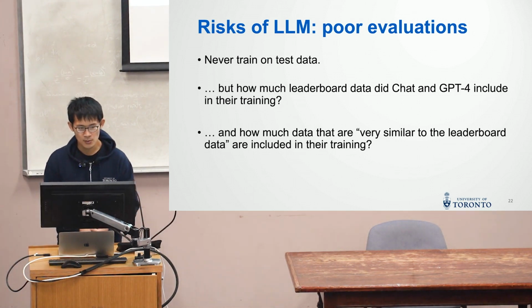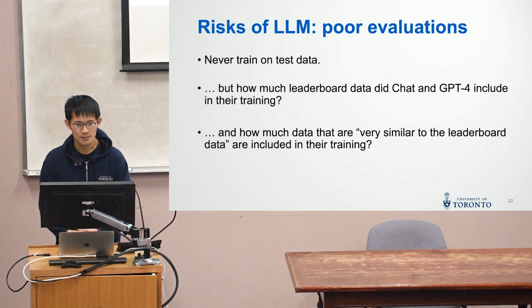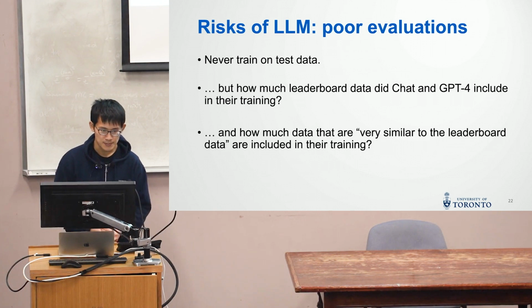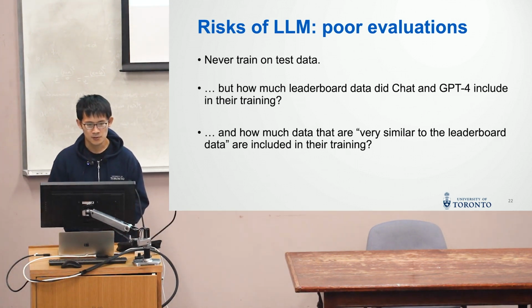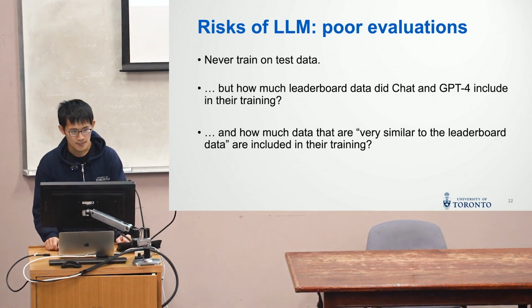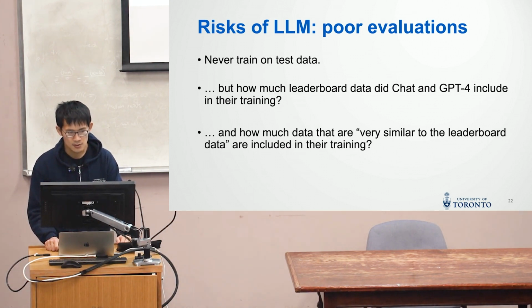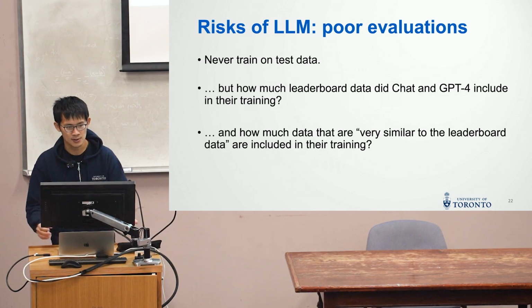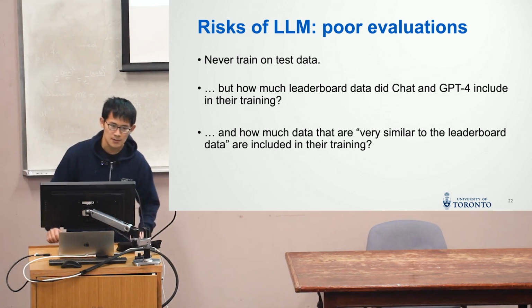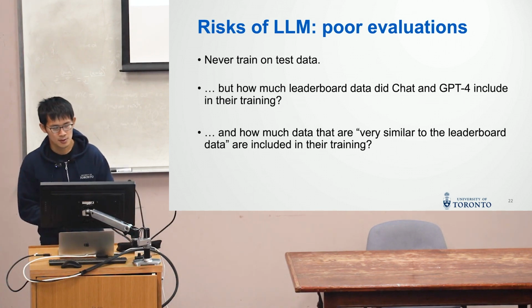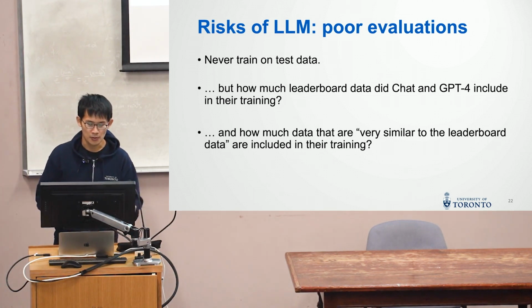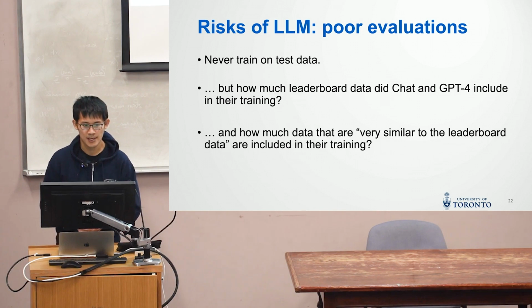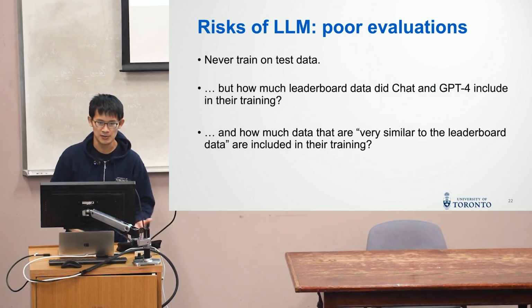So in the worst case, GPT-4 might be trained with the leaderboard data, and if you still run GPT-4 on the leaderboard, then it is going to outperform almost anything because you are essentially evaluating on the training data, although the leaderboard data should be test data that are supposed to be held out during the training process.